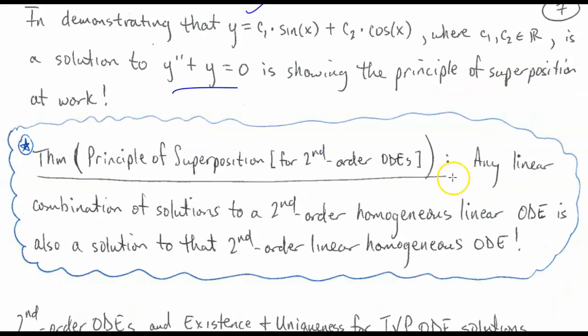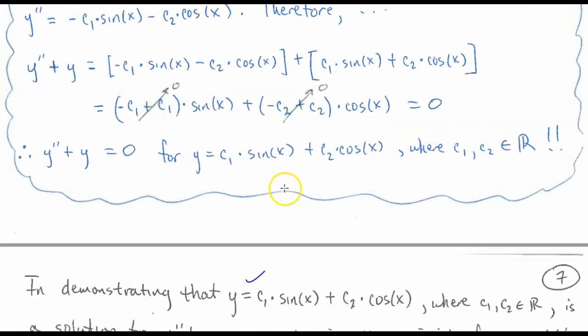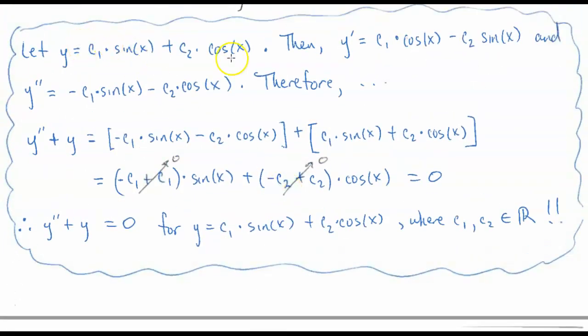And so that's what we mean by any linear combination of solutions to a second order homogeneous linear ODE is also a solution to that second order linear ODE, okay? And again, back when we were doing this example here, it did not matter what C1 and C2 were. We noticed that whatever they were, our result still ended up being 0 equals 0, okay?